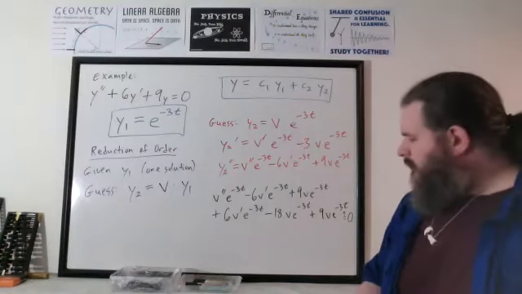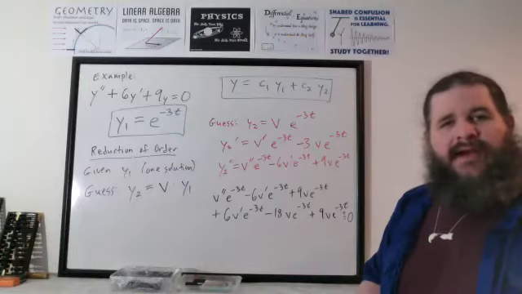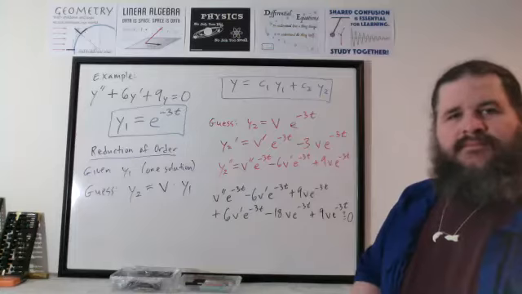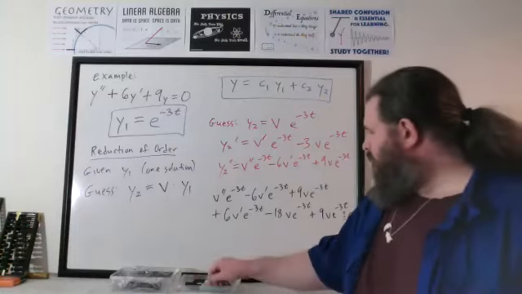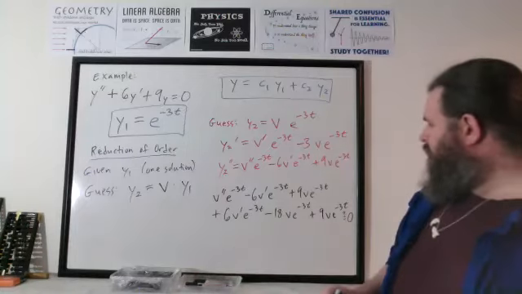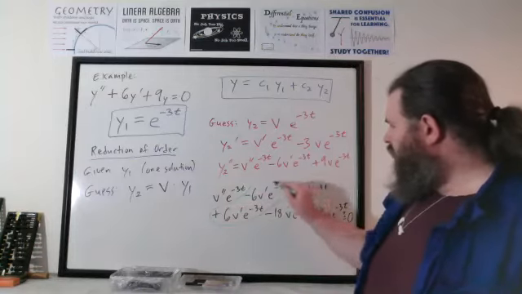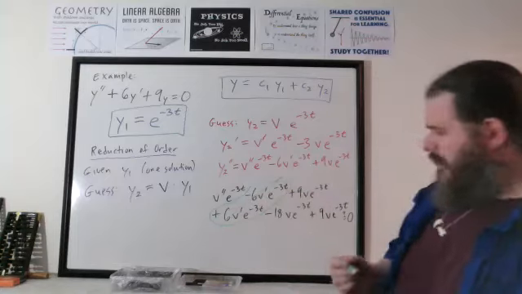So when we're combining all those together, is there anything that can combine or cancel out easily? Can the -6v prime e to the -3t cancel out the other +6? Yeah, those are just going to cancel out to 0 easily. Anything else?